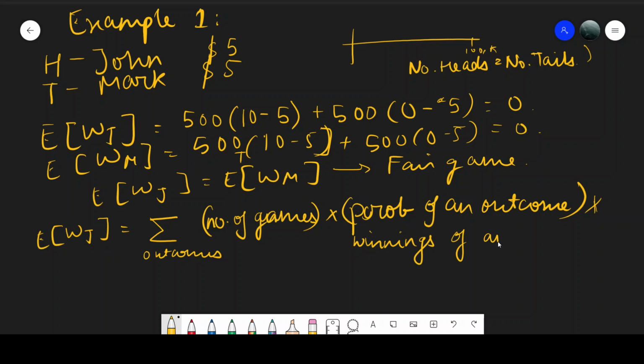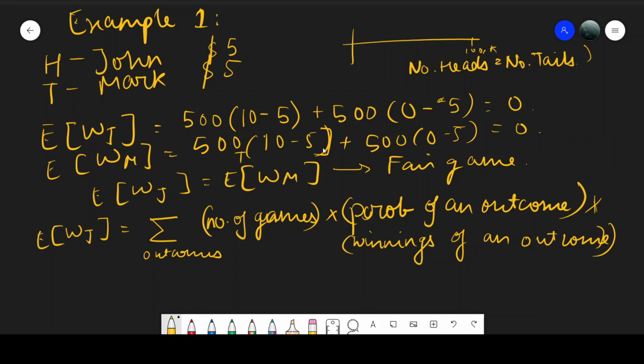Applying the same formula here, I have the number of games, which is 500, and the probability of a head turning up is half. I haven't written it here because I thought it was obvious, since I said it's an unbiased coin. The winnings of an outcome is 10 minus 5, which is 5.